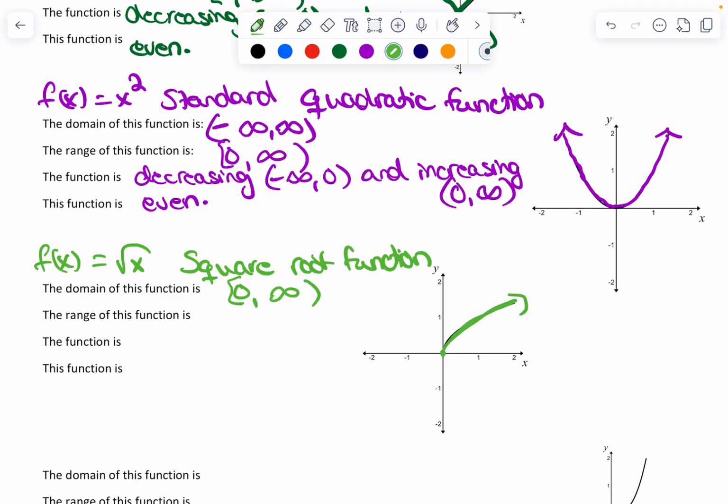It's only in the first quadrant. The range of this function, again, starts from 0 and also goes to positive infinity. And this function, if you look at left to right, is increasing from 0 to infinity, and the function is neither odd nor even.